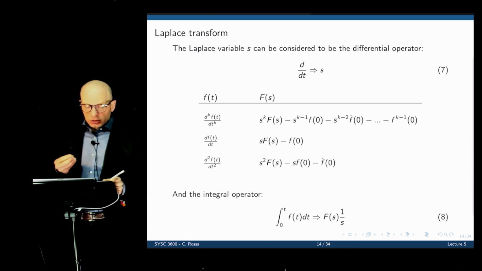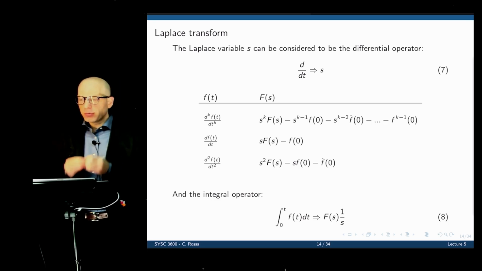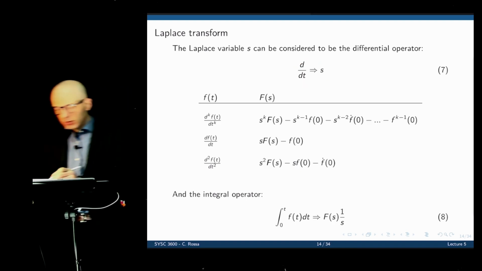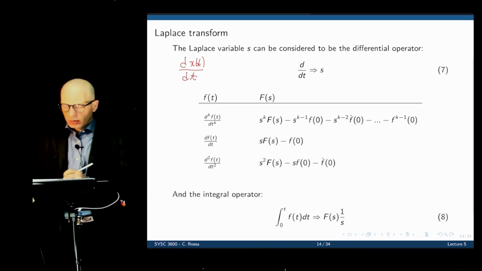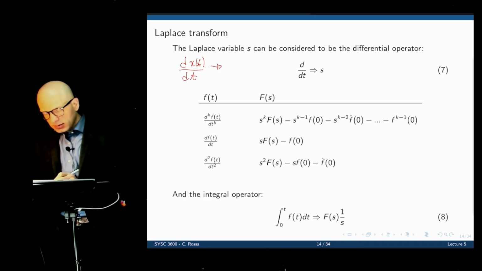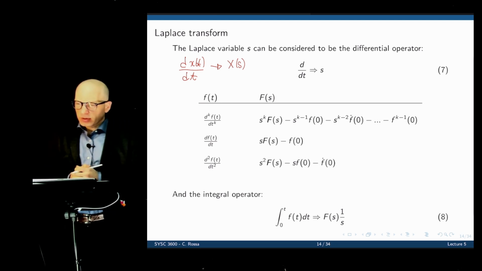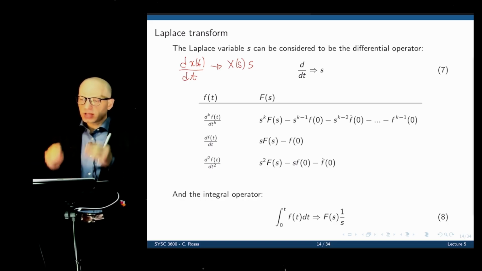So if you take the Laplace transform of a derivative, we'll simply get the operator s, the variable s. So for any derivative, the transformation becomes s times that function. So if you are dealing with a function, for example, dx of t over dt, the Laplace transform of this is the Laplace transform of the signal x of t times s, that is x of s times s.